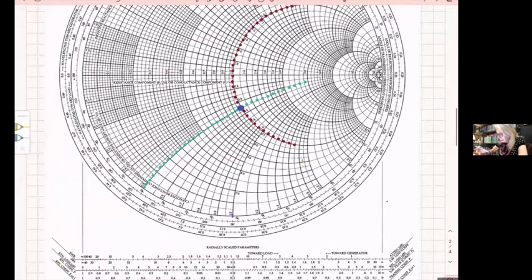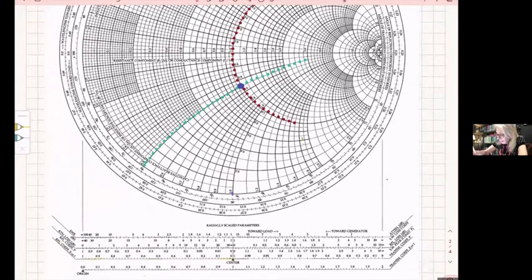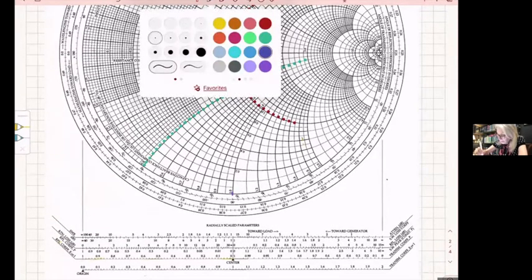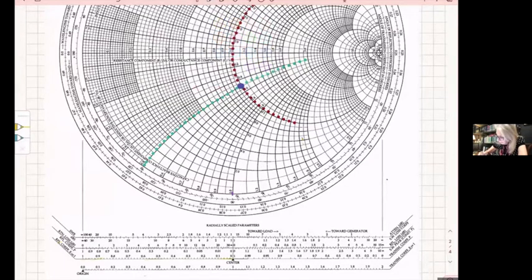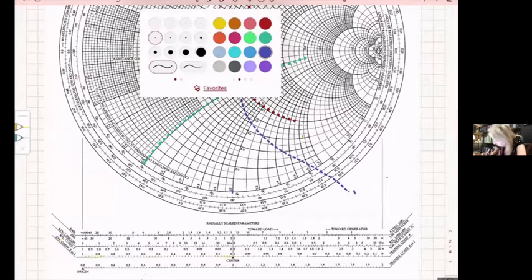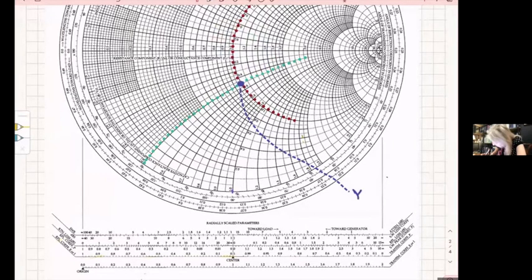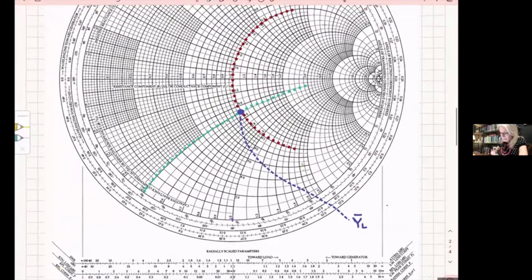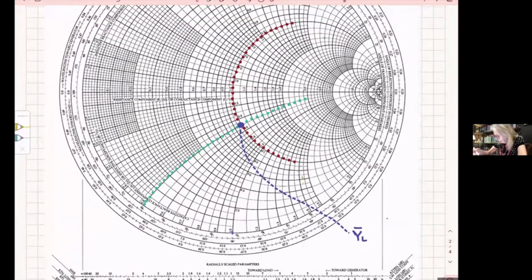And that intersection here is going to be YL normalized. Now that I found it, I will erase the other two circles because I would like to have it clean. You will have it on the video to see them though.